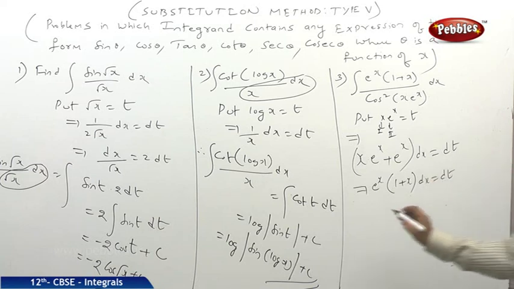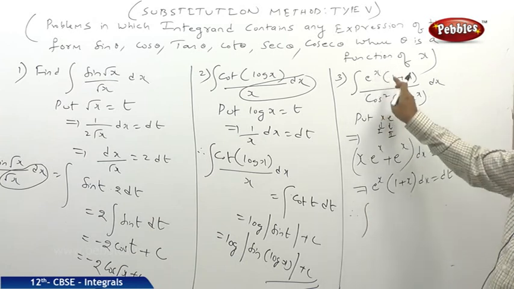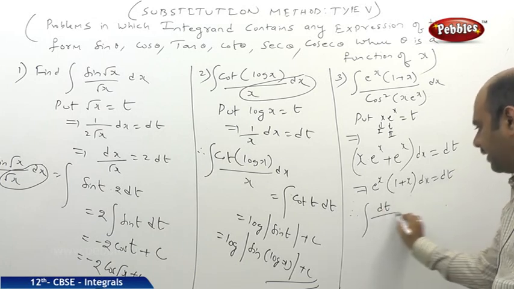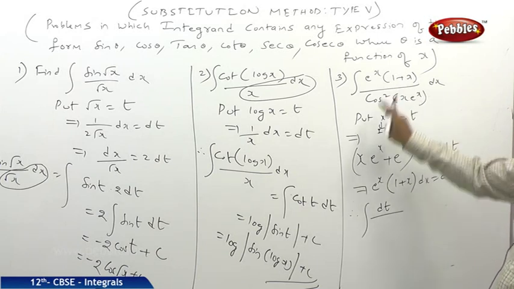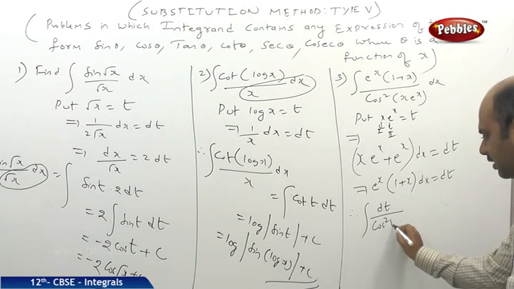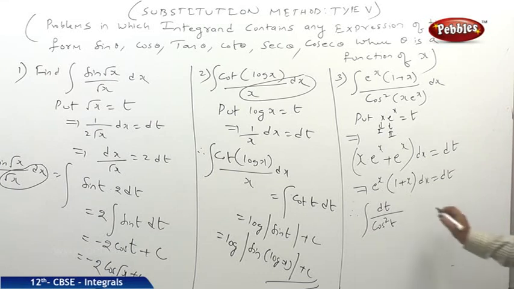Therefore our function will turn into e power x into (1 plus x) dx, which is dt, divided by, since I consider x e power x as t, the denominator becoming cos square t. So finally we need to evaluate the integral of dt by cos square t.